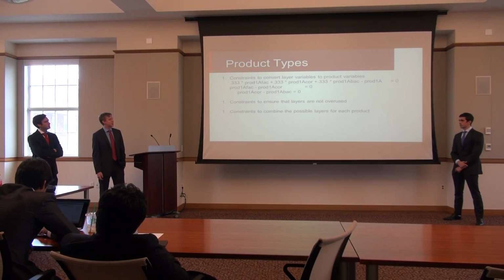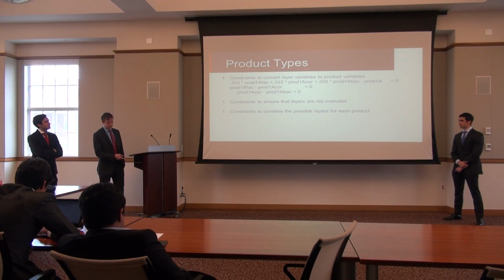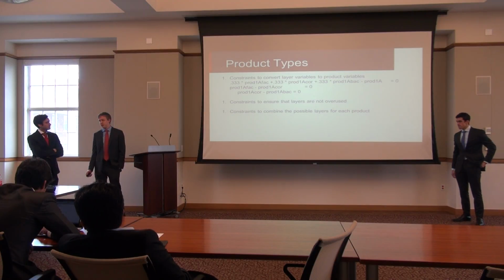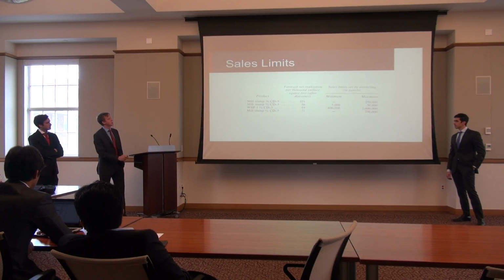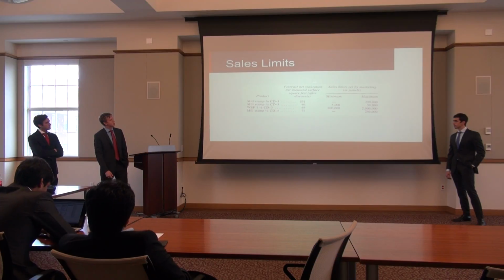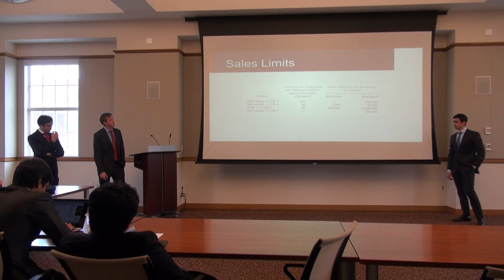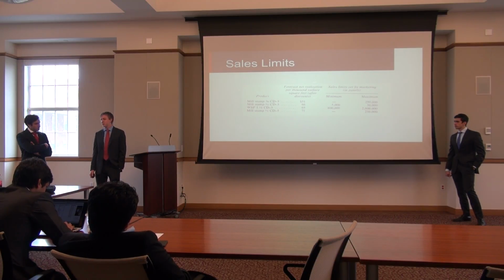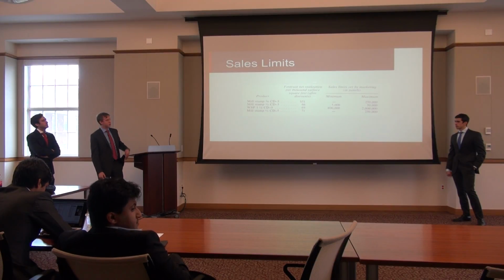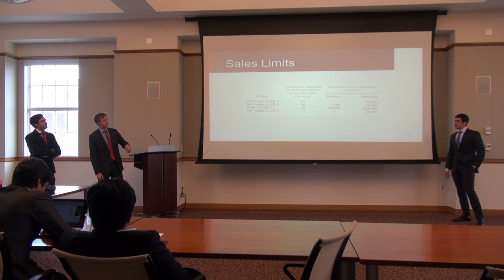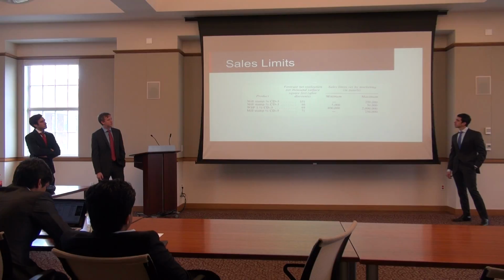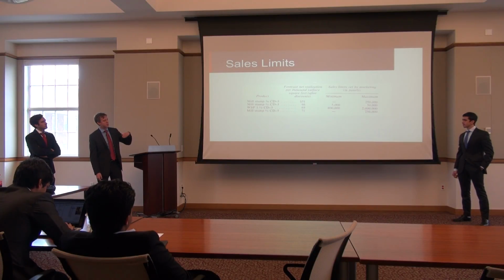And lastly, we have to make sure that we're combining the right layers and all the different solutions for the plywood. This one's also fairly self-explanatory, just sales minimums and maximums for the products. So we took the layers, placed them into one product variable, and then there were set minimums and maximums. And this deals with the third problem we were telling y'all about earlier with the marketing manager.